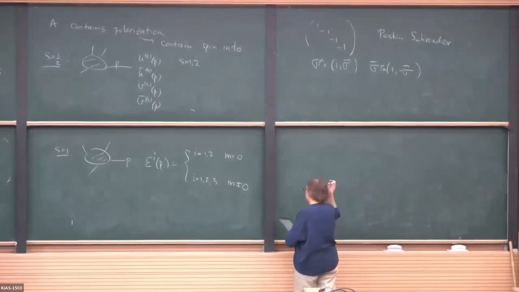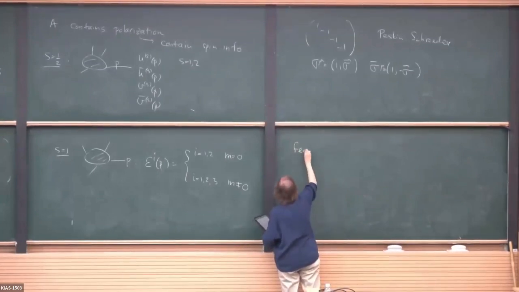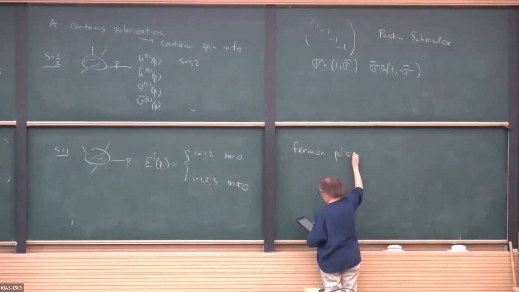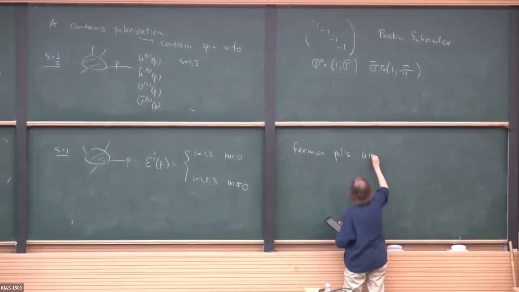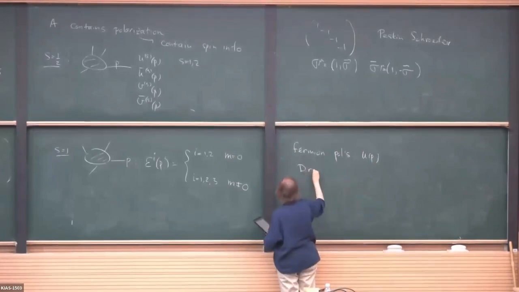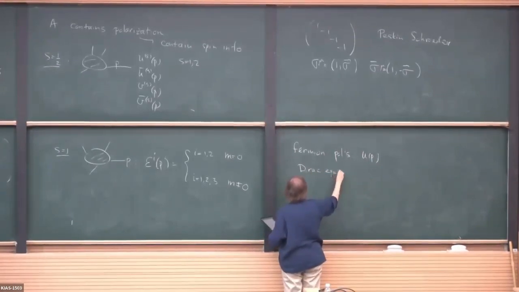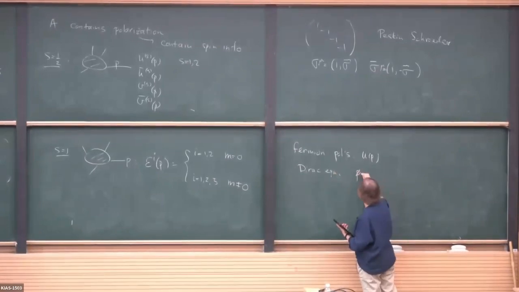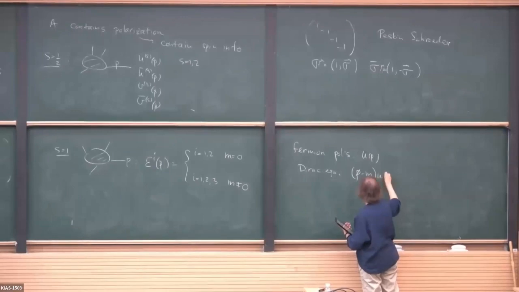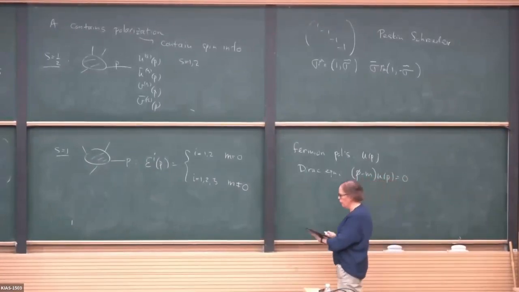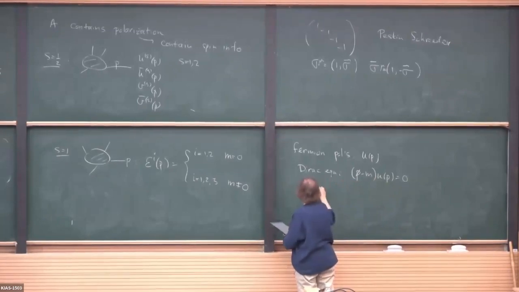So let's talk first of all about the fermion polarizations. That is the u(p). So u, of course, solves the Dirac equation, (p-slash minus m) u(p) equals 0. And you know the two solutions.